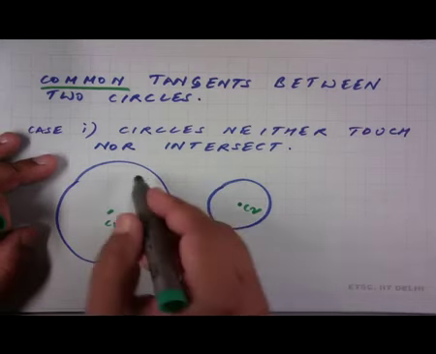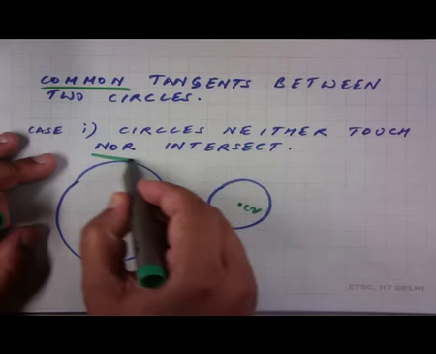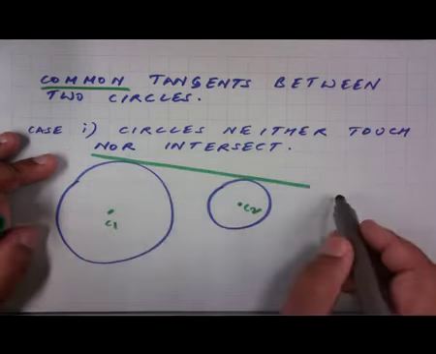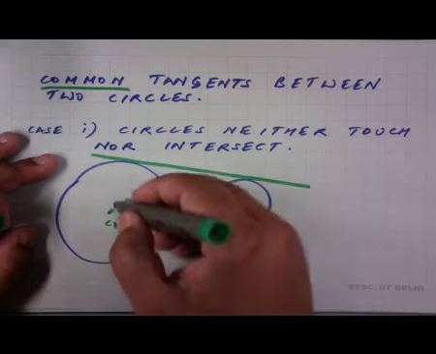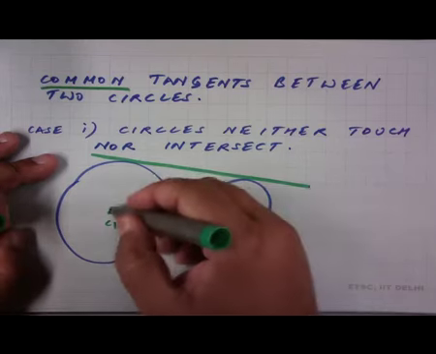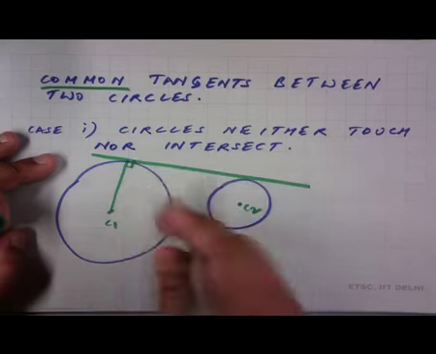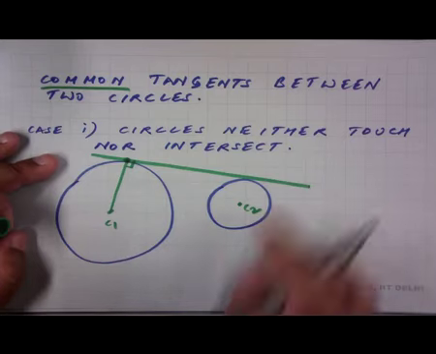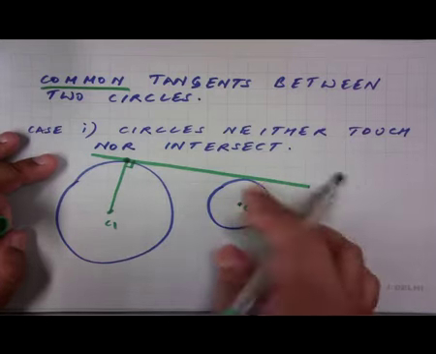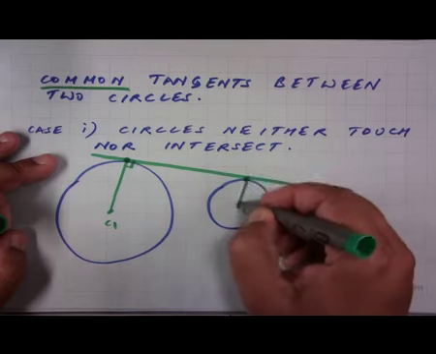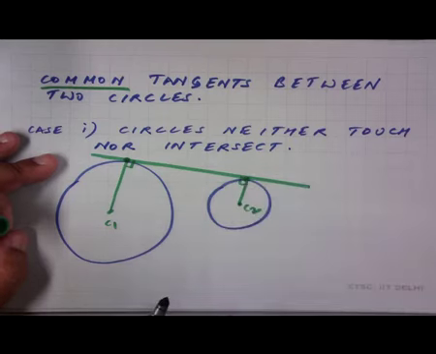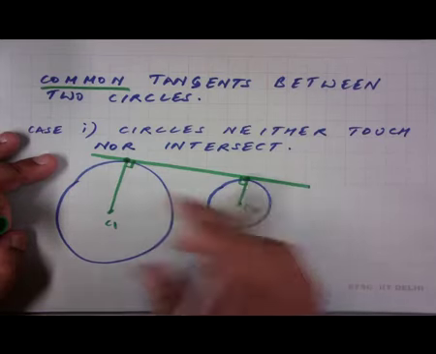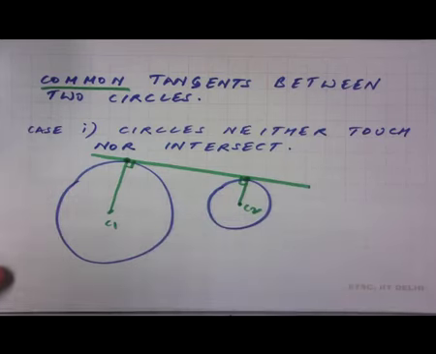For example, let us say this straight line that I have drawn is a tangent to the first circle at this point, and the same straight line is a tangent to the second circle at this point here. So, this straight line is therefore called a common tangent to both these given circles.